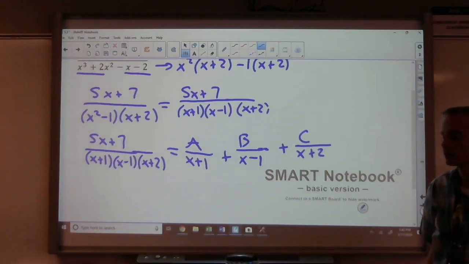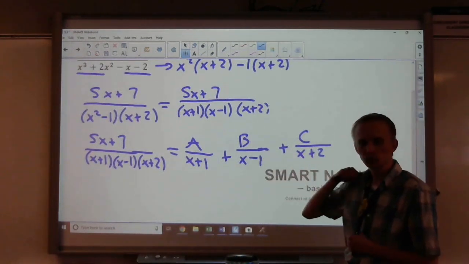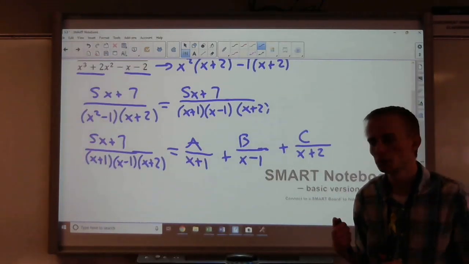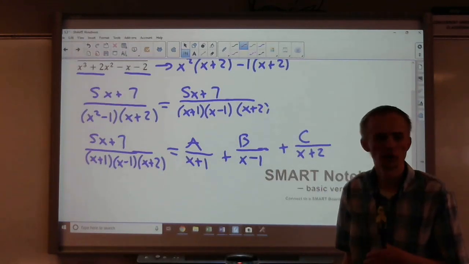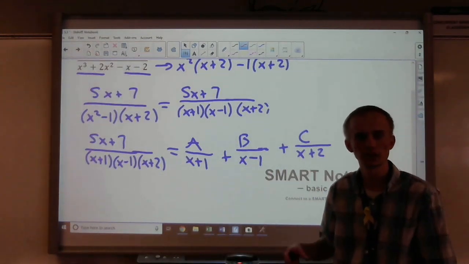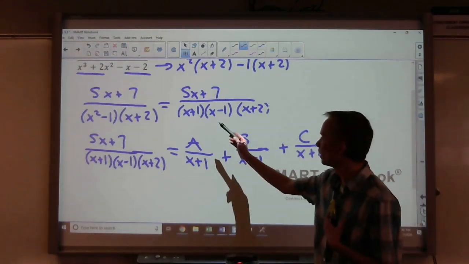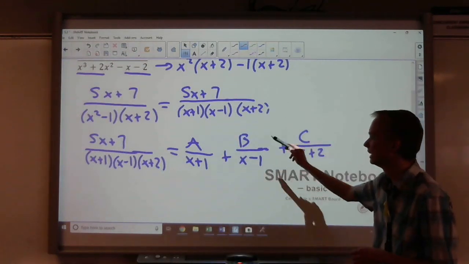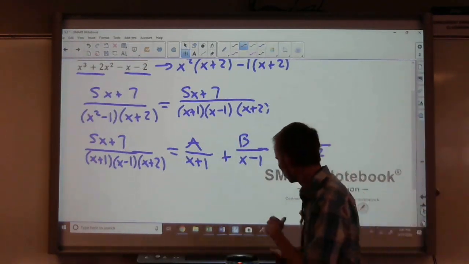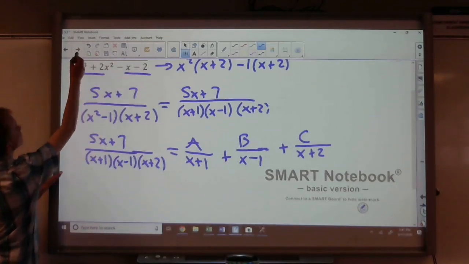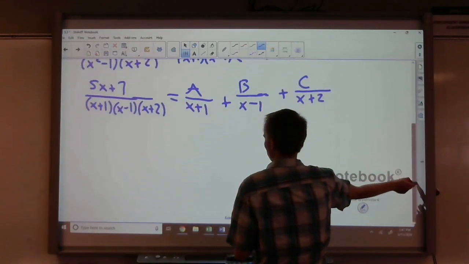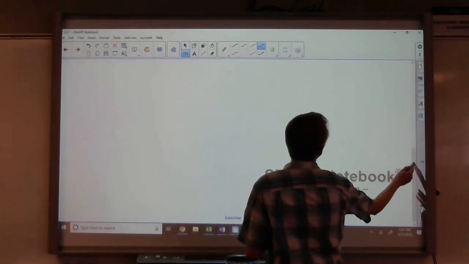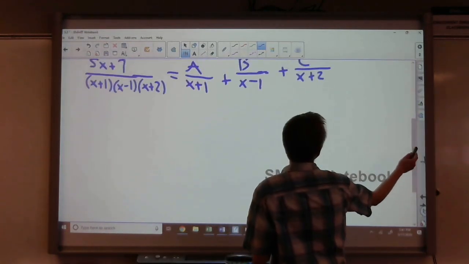Okay? Now this one will actually be a lot faster than the other one because there aren't any repeated roots. So maybe I will just go through it and finish it off for us: how would I find A, B, and C? Okay? So let's do that. I'll scroll a little bit here so we have some space to work with.